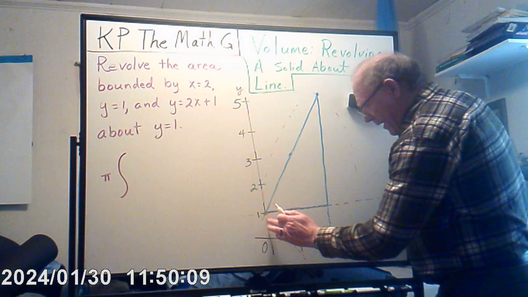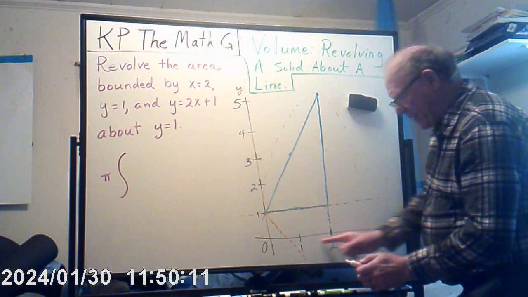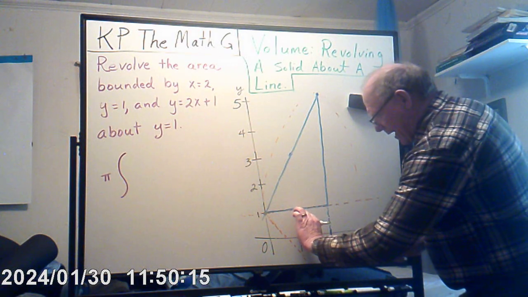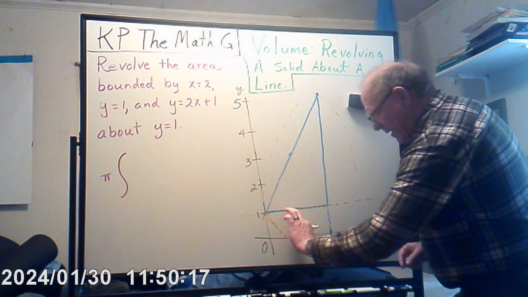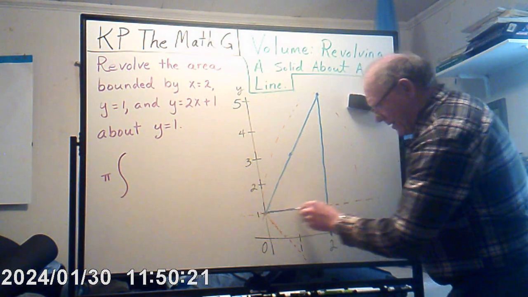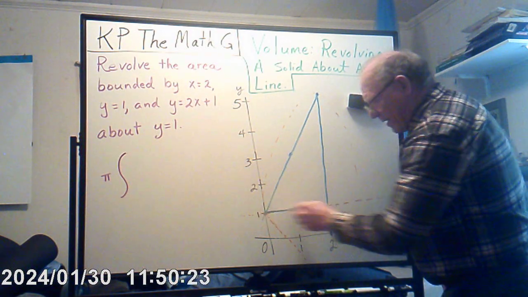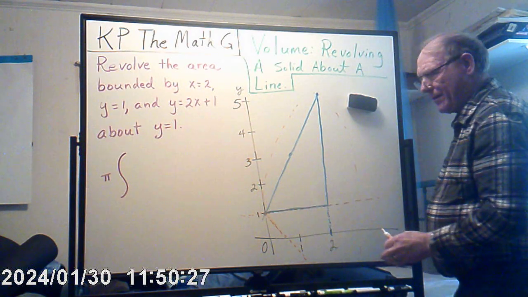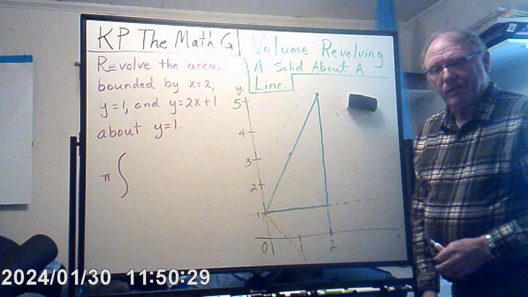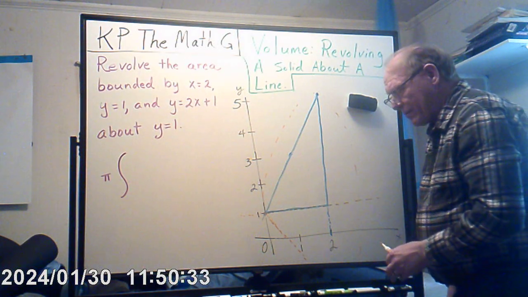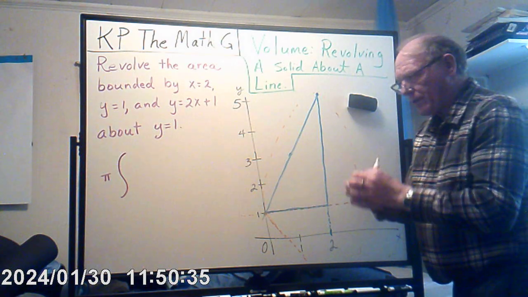If you had this revolve around the x-axis, which is my next lesson, you see there is a gap between this blue line and the x-axis. But when we join the dotted orange line with the blue line, you see there is no gap anywhere in this graph. So we are not using what we call the washer method.